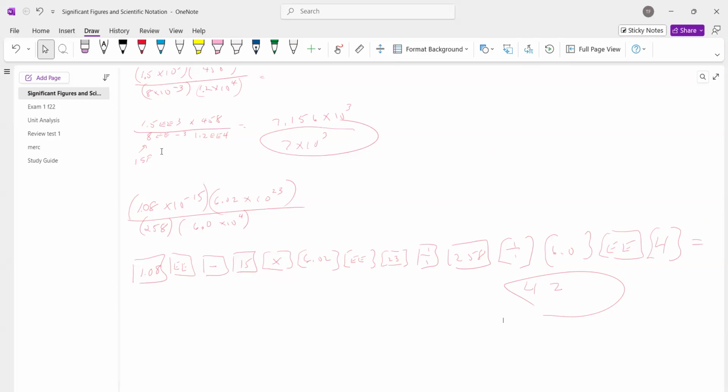What do you guys think? Do you convert to EE? So 6.0 and 6 are the same number, as far as your calculus is concerned, right? Why are they different as far as these two? Because it's a measure of precision. The 6.0 is a more precise number than 6.